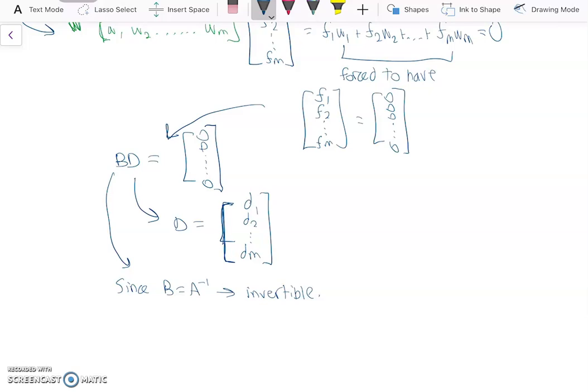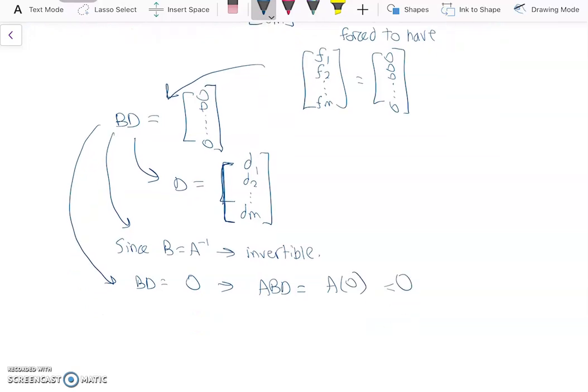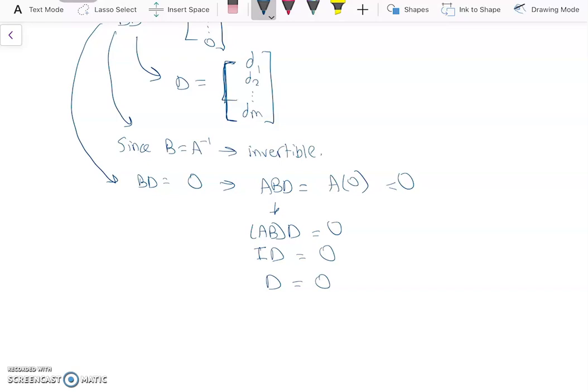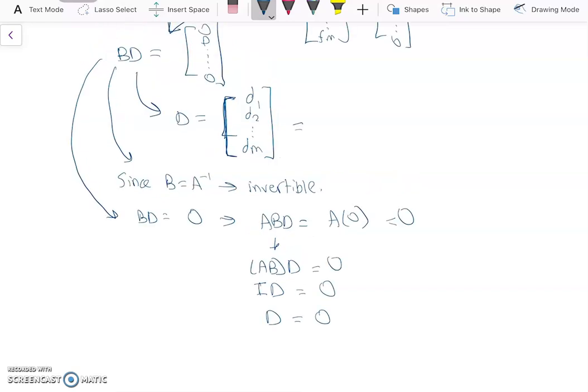What we can do is multiply both sides by A at the front, so BD equals 0 implies ABD is equal to A times 0, which is 0. And using associativity, we have AB times D is 0. And AB is the identity matrix. So now D is equal to 0, which means that D must be all zeros.